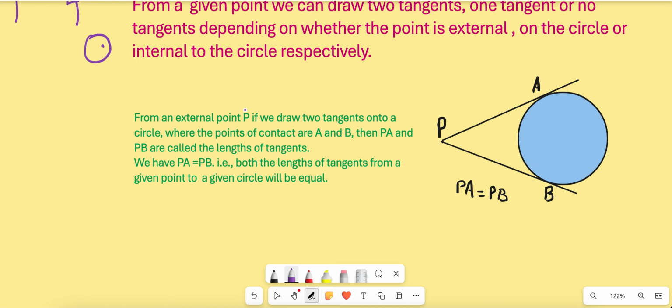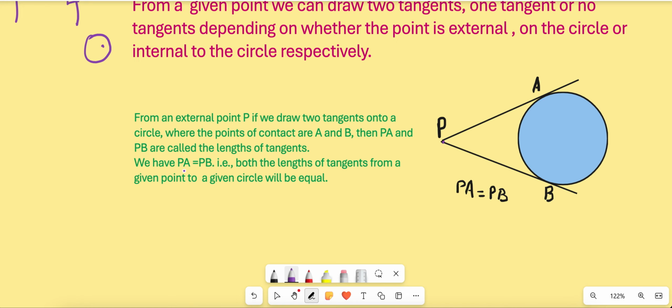So from any external point P, if we draw two tangents onto a circle where the points of contact are A and B, then PA and PB are called the lengths of the tangents. PA is the length of one tangent, PB is the length of the other tangent.